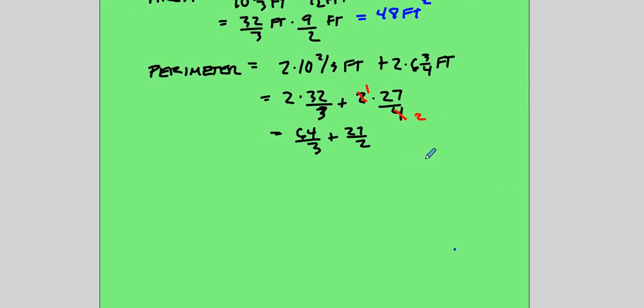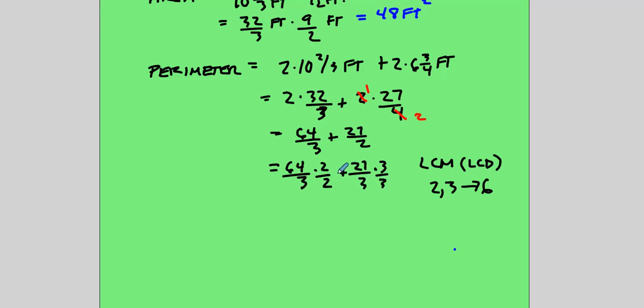I have to get a common denominator. Well, the least common multiple, which is the least common denominator of 2 and 3, is 6, because the smallest number they both divide into is 6. So first fraction, to make the denominator 6, I need to multiply by 2 over 2. In the second fraction, I need to multiply by 3 over 3.